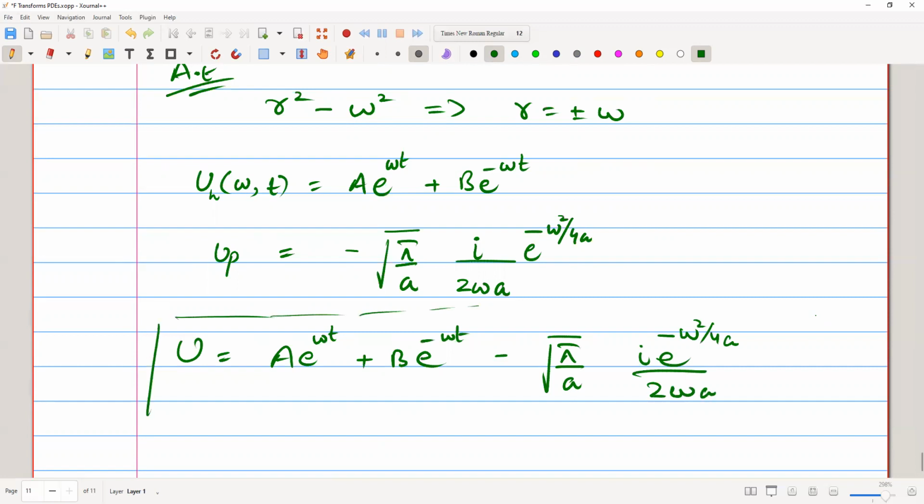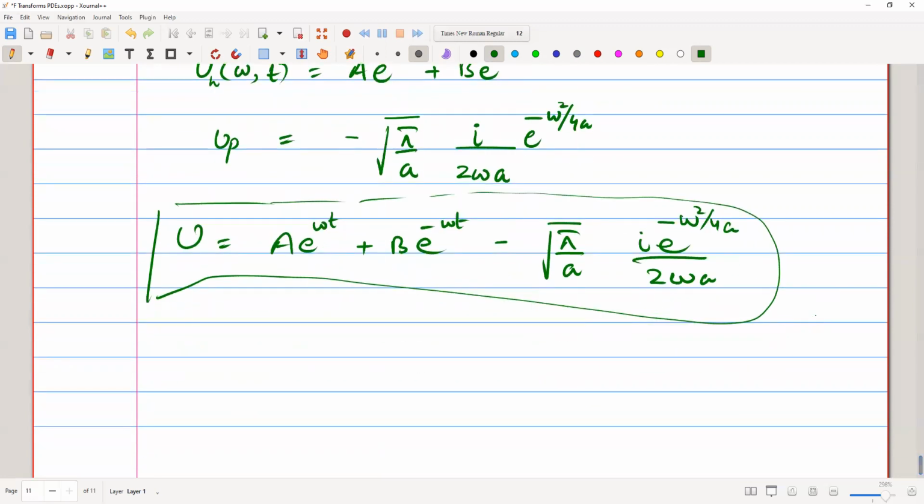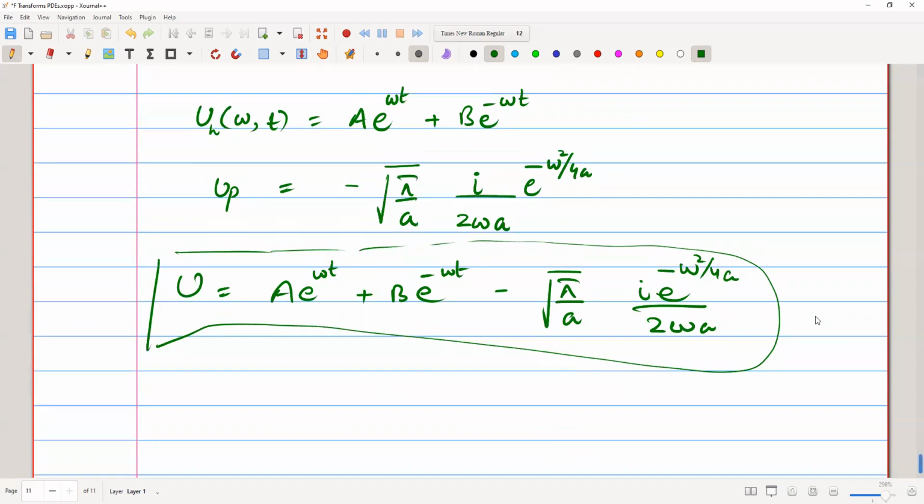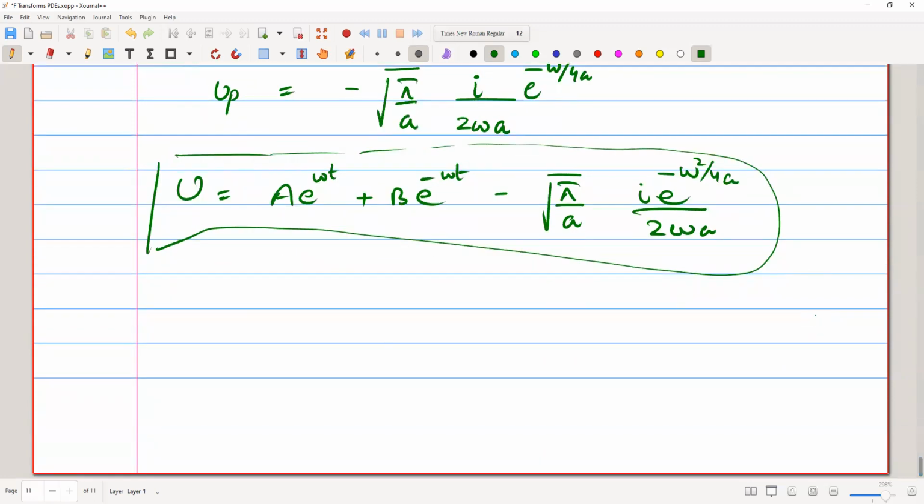So this is the solution in terms of omega t. But we know that we need the solution in terms of x t. So first of all, we need to apply the initial conditions.